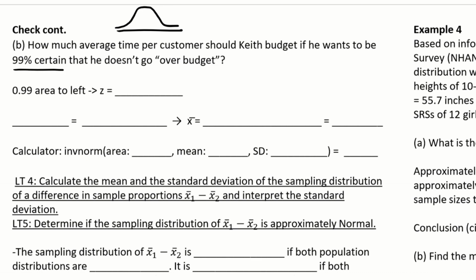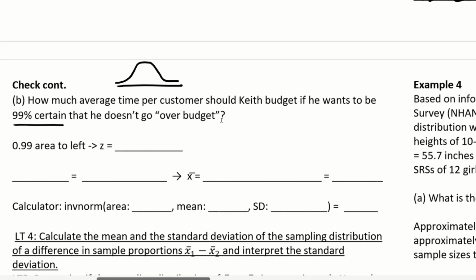So he does not want to go over budget, right? That means he wants to go either on time or under budget, so we're doing the area to the left. He wants to be at the average time or less, so we want the area to the left, and that's going to be our X bar.